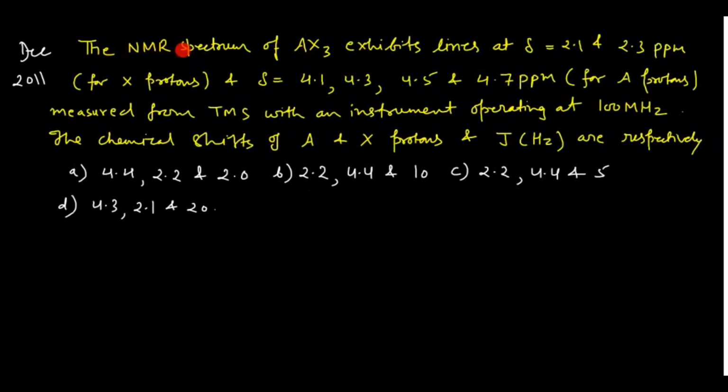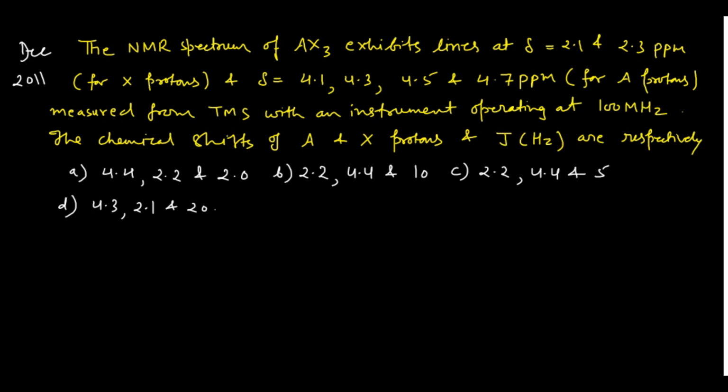The NMR spectrum of AX3 exhibits lines at 2.1 and 2.3 ppm for X type of the protons, and 4.1, 4.3, 4.5 and 4.7 ppm for A type of the protons. A is also a proton, X is also a proton, measured from the TMS with an instrument operating at 100 megahertz. The chemical shifts of A and X protons and the coupling constants are, respectively.